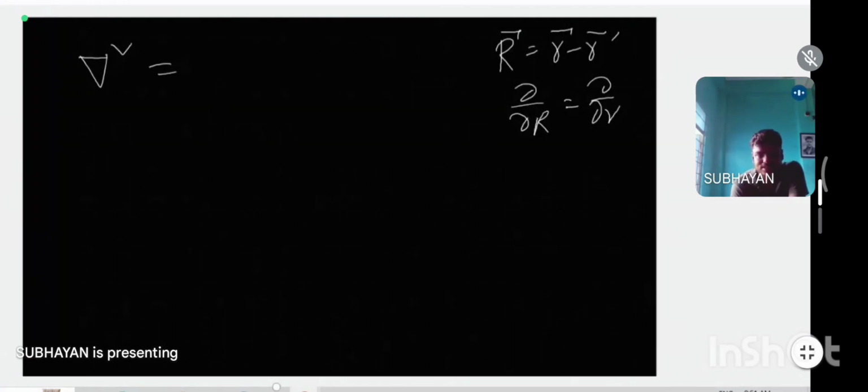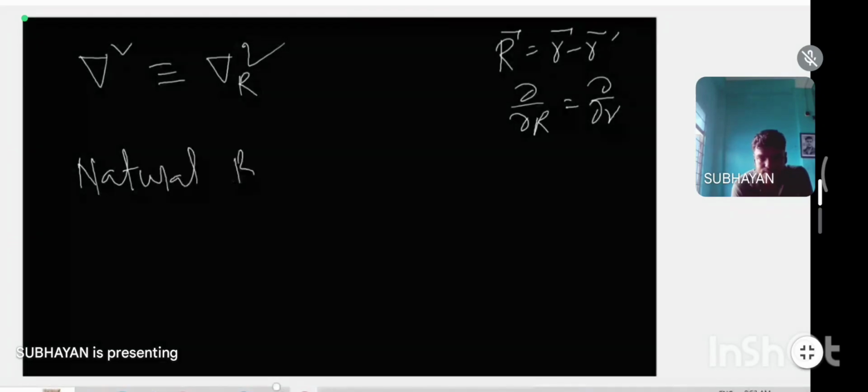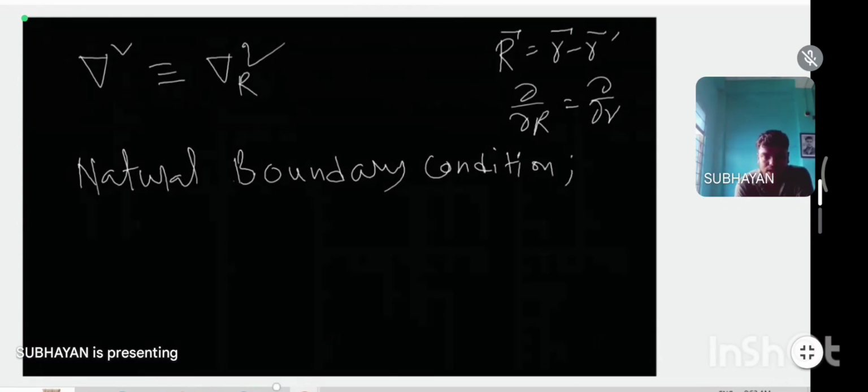So grad square will be grad R square, the differential operator with respect to R. And here we set the natural boundary condition at r tends to infinity, G of r prime to be 0.